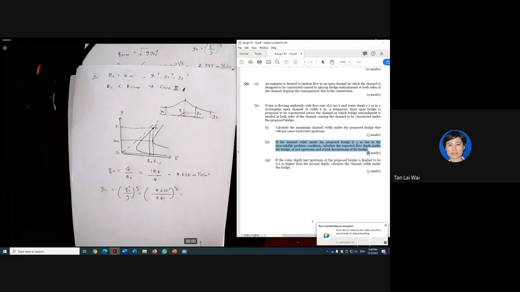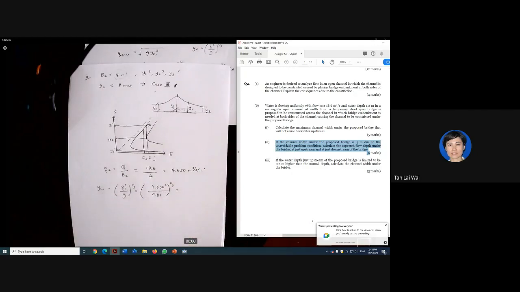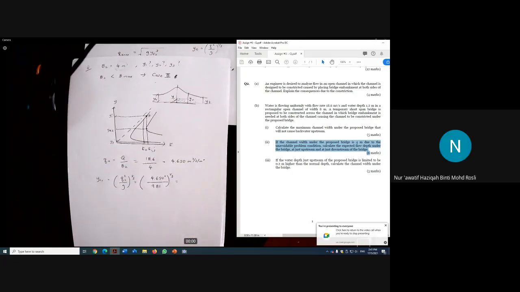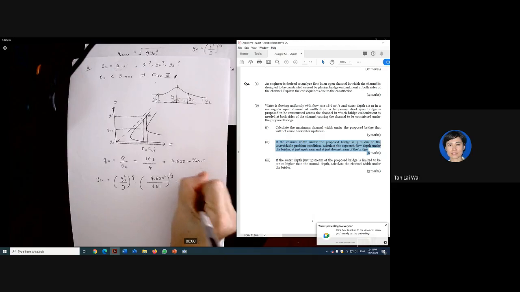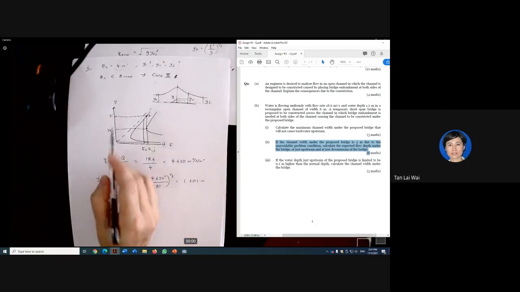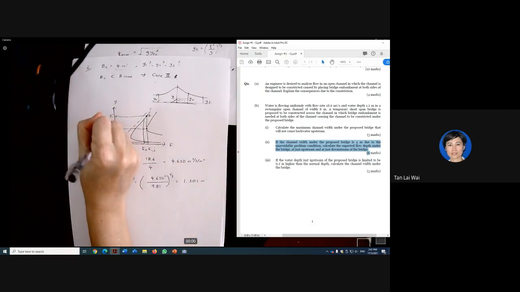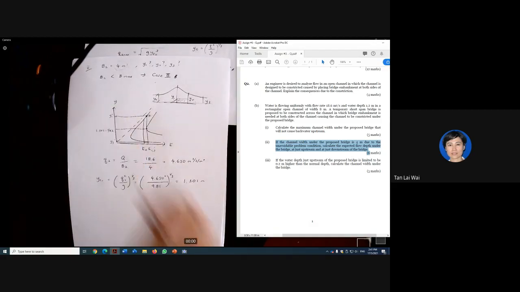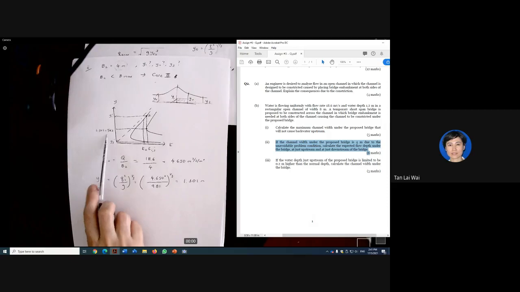Can you help me with this? 1.301 meter. So now I know this value is 1.301 meter already. If you get this correctly, your Y1 should be greater than this value and your Y3 should be less than this value.